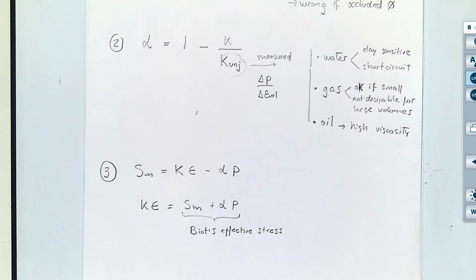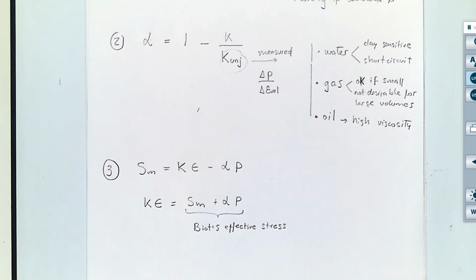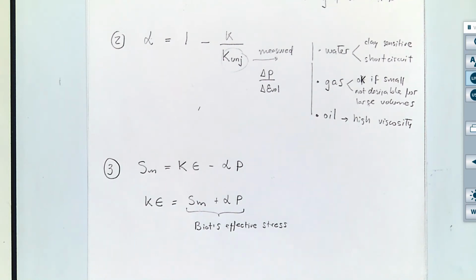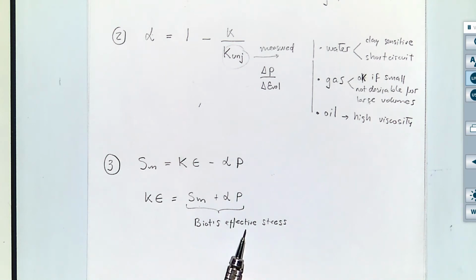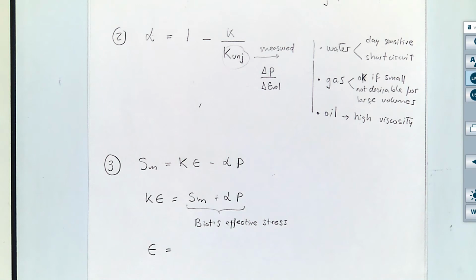This one is Biot effective stress. And what this equation is telling you is that the deformation of the porous solid doesn't depend solely on total stress, and it doesn't depend just on pore pressure.